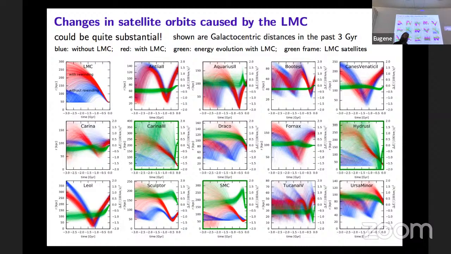Yes. Ignoring the LMC, 10 to 12 will not be able to keep the Leo 1 bound. So you mean it's going down? No. What I'm saying is that including the LMC, you have better consistency with the Milky Way. So you can have the Milky Way mass as low as 10 to 12 and still have Leo 1 as a bound system. Okay. Otherwise, it would be 2 or 3 times that. Yeah.